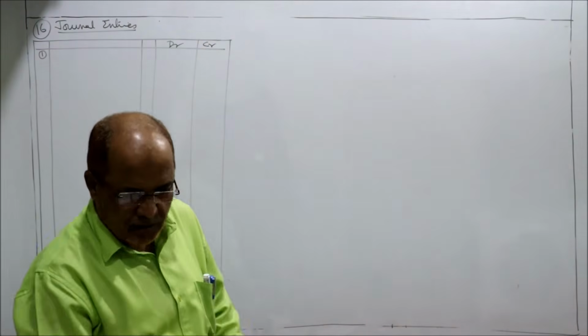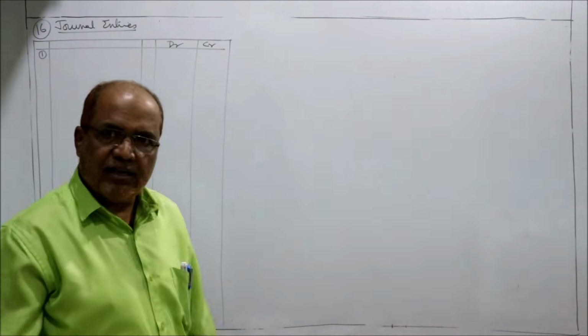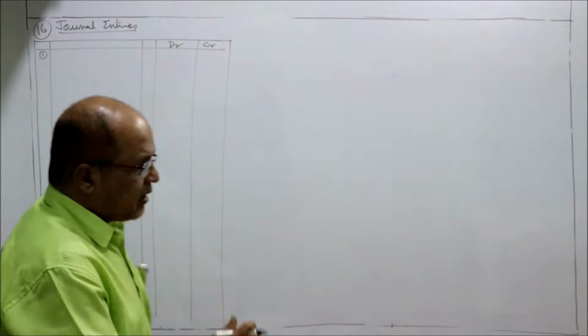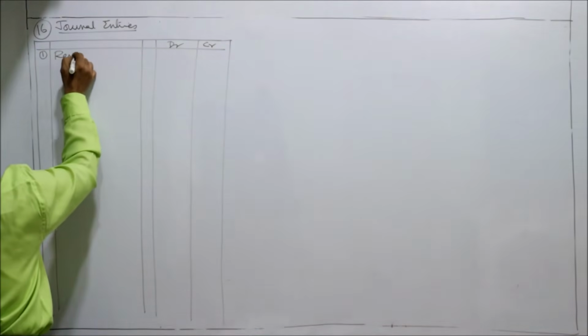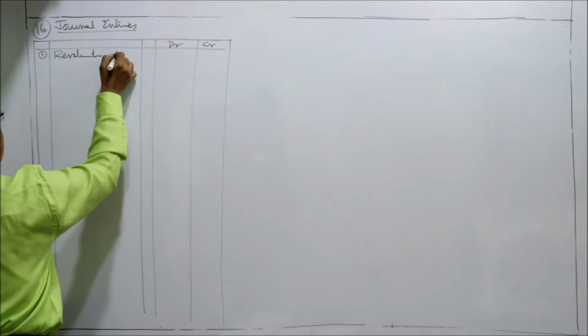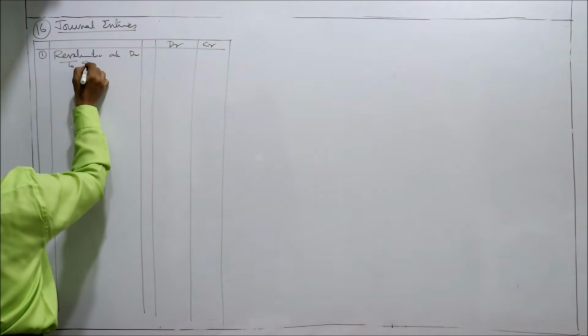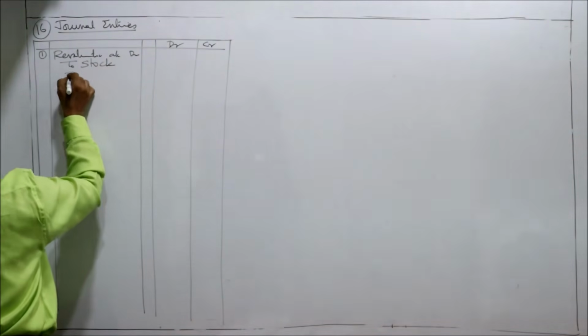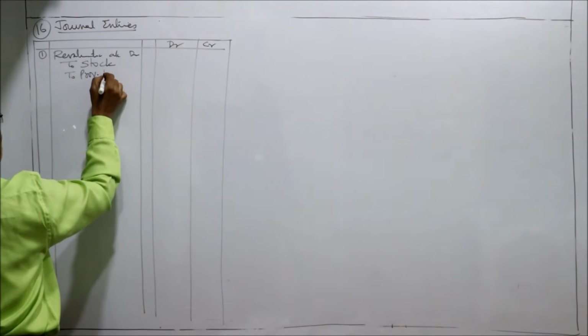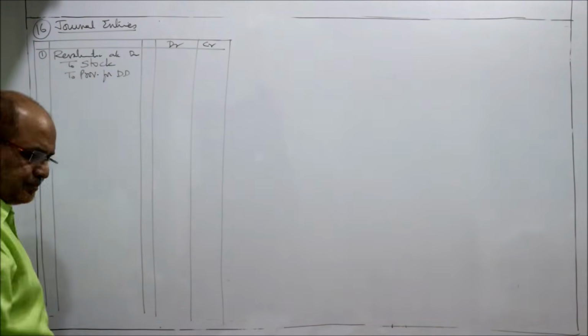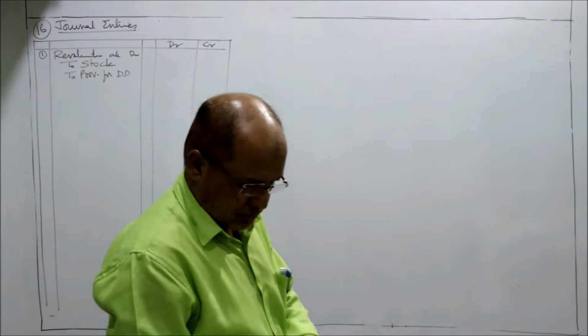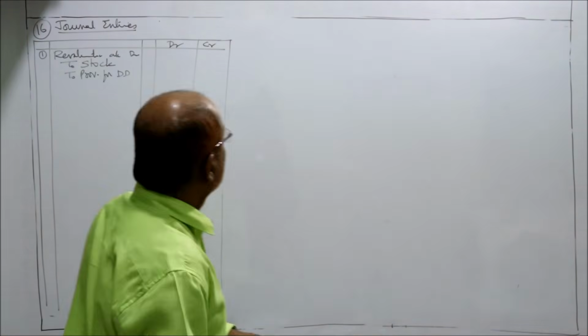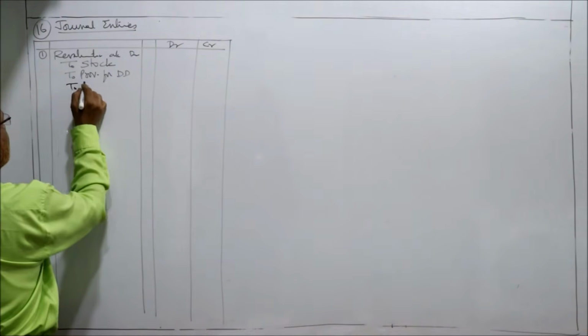First entry, revaluation. In one entry itself we will take all the three assets. Revaluation account debit to stock account, to provision for doubtful debts, to investments.